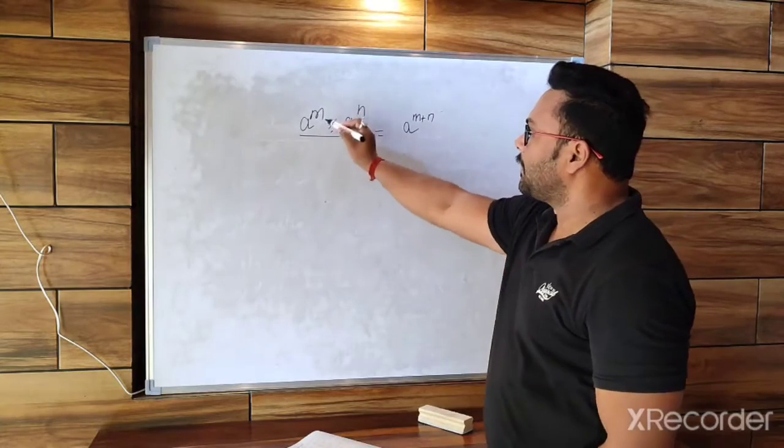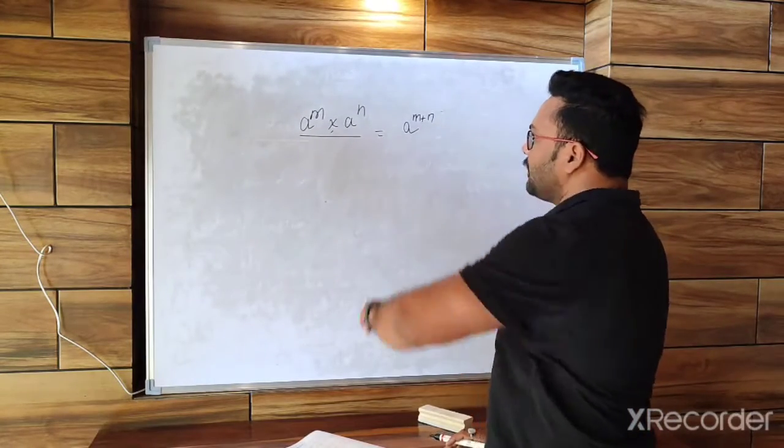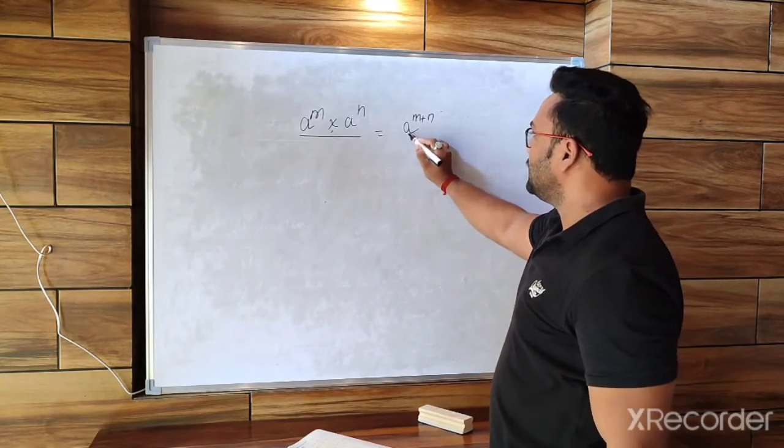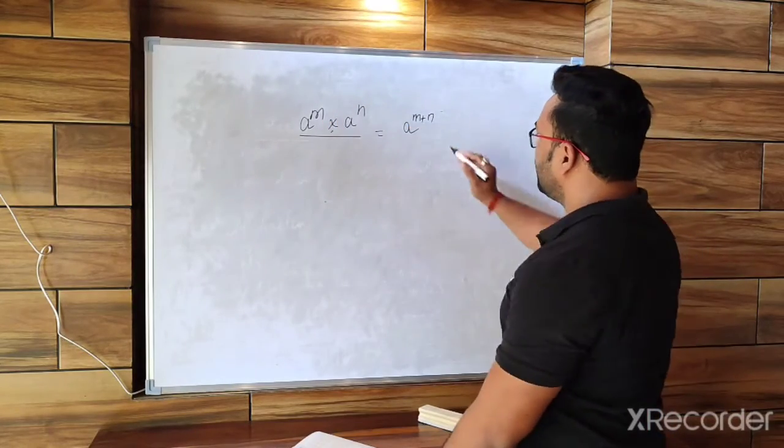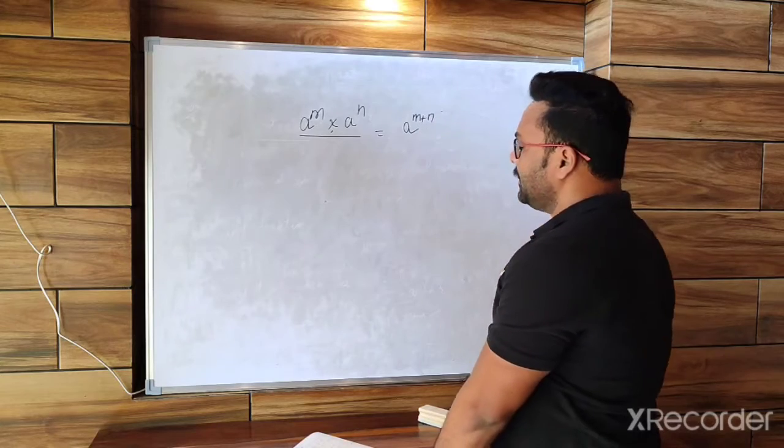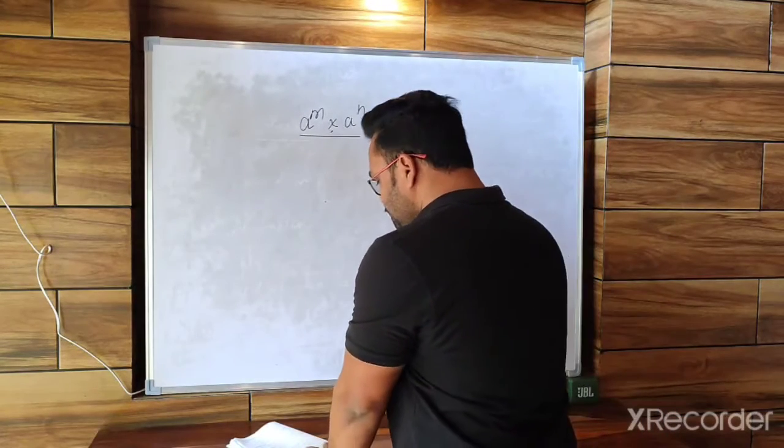Okay, a to the power m multiplied by a to the power n, keep the base because the base is common, and add m and n as the power. Okay, let's see with an example.